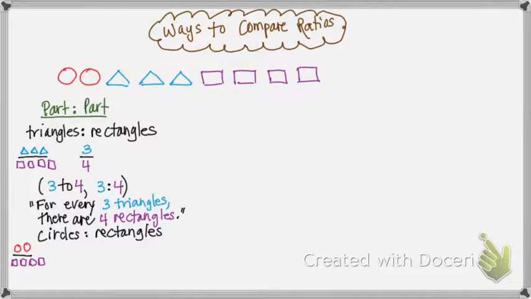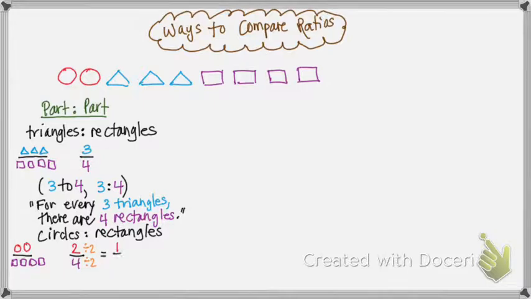Then I would say that I have 2 circles compared to 4 rectangles. And remember what we had talked about? That we need to reduce even our ratios. So I notice that I can divide a 2 out of each of them. And once I reduce it, then I can interpret it.